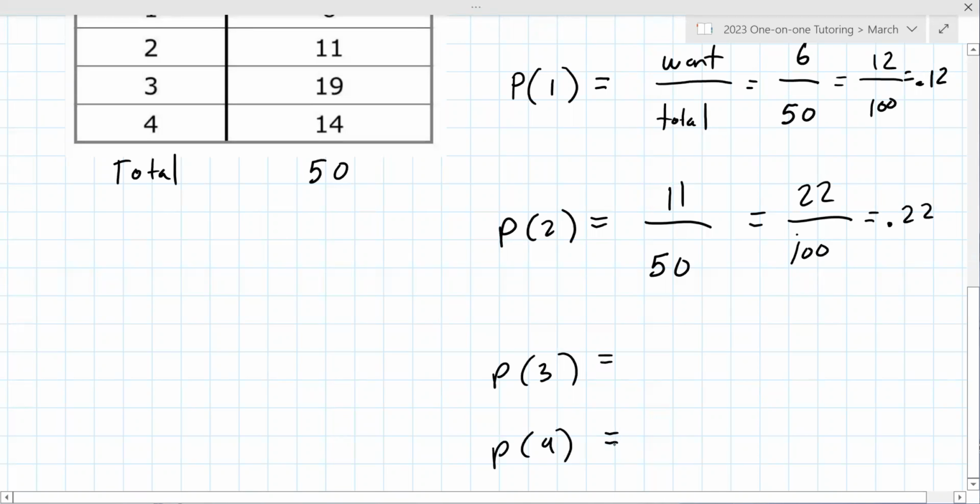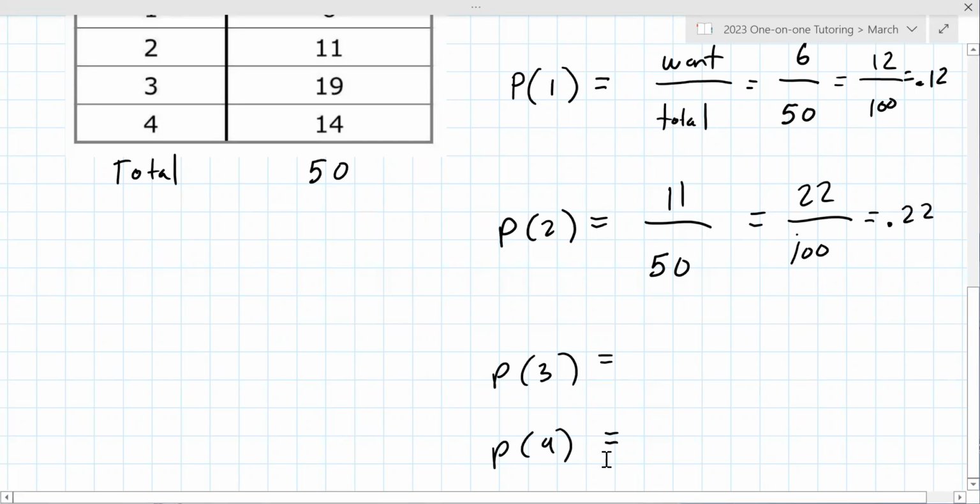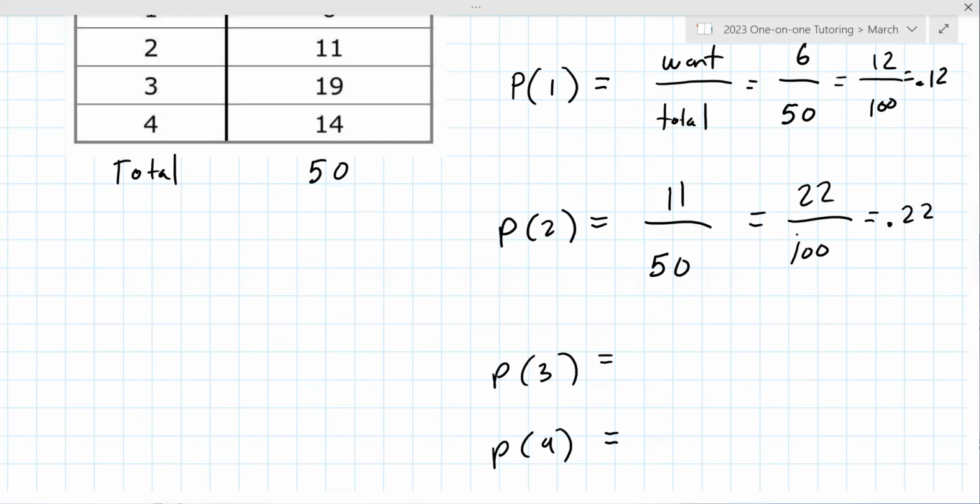3 is 19 over 50, which is 38 over 100. That's correct.